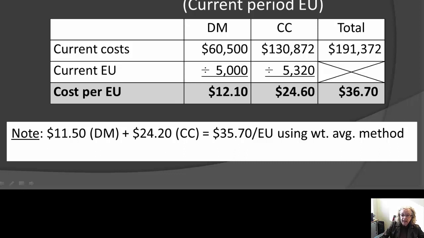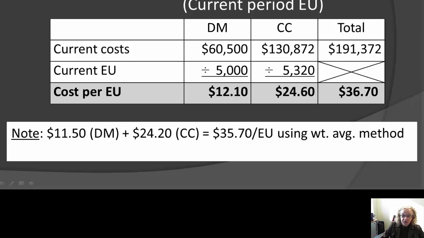Finally, we can take a look at the total cost, and we see that it's gone up $1: 60 cents in increased materials costs and 40 cents in increased conversion costs that we would not have been able to perceive if we had used the weighted average method.